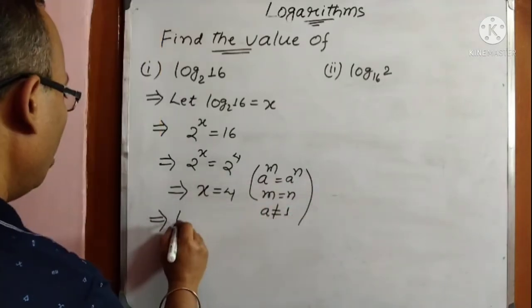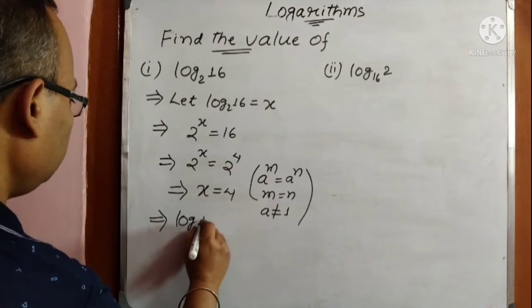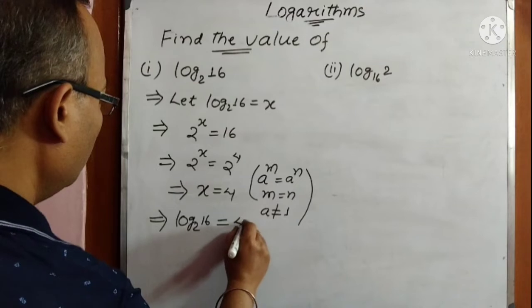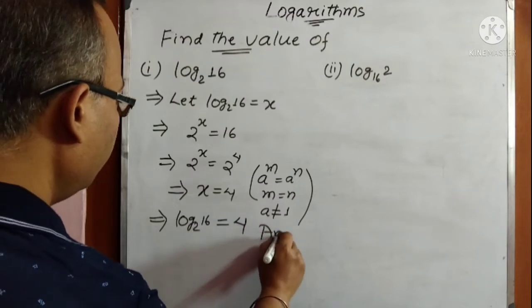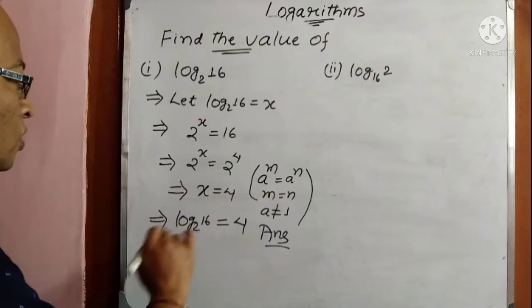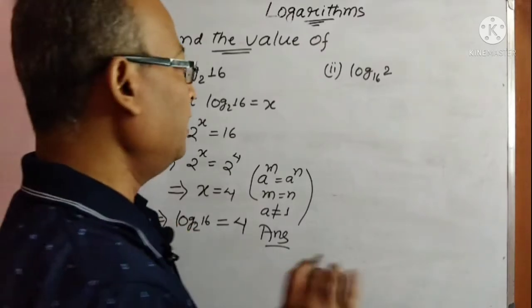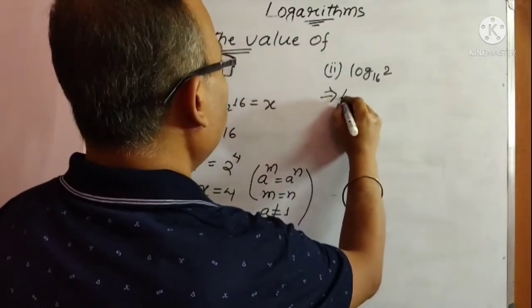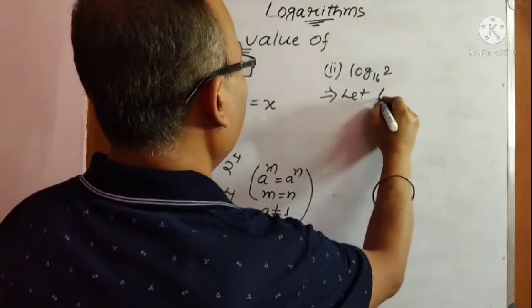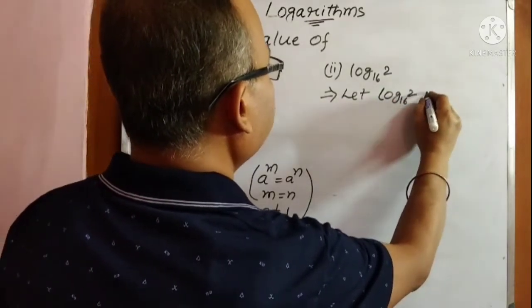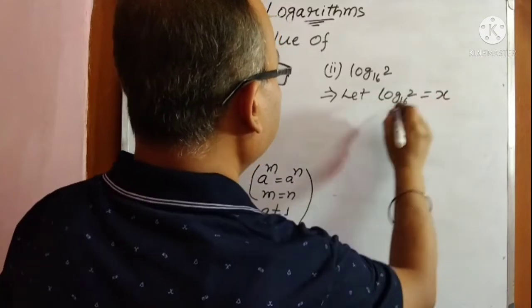Okay. Log 16 to the base 2 is equal to 4. So, this is your answer. So, the value of log 16 to the base 2 is equal to 4. Clear? Similarly, this one also we will work out. So, let log 2 to the base 16 is equal to x.